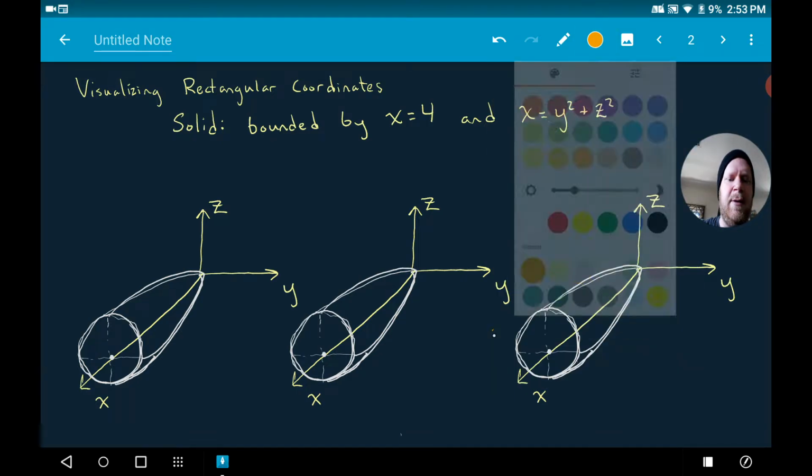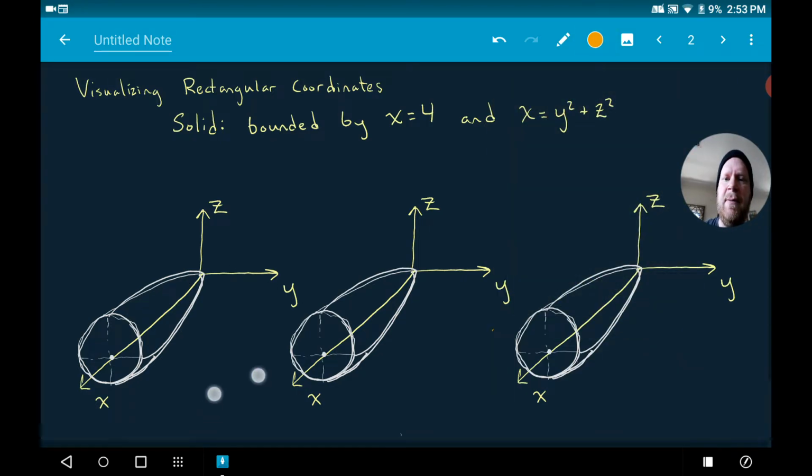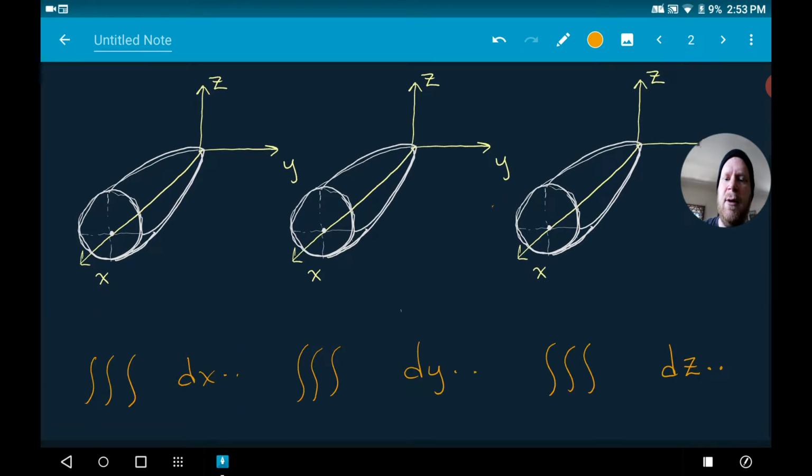So with these, I'm going to integrate this first one here with respect to x first. And so I can think about taking the line that starts at positive infinity x. So I'm sort of starting way over here, and I'm going to draw a line that passes through this solid.